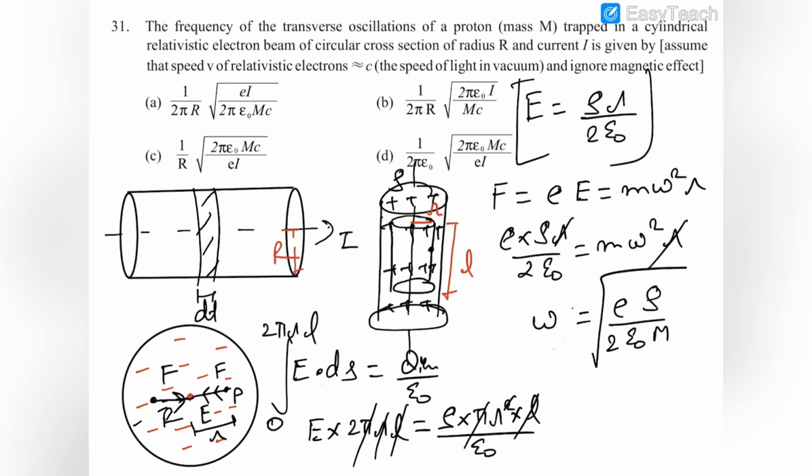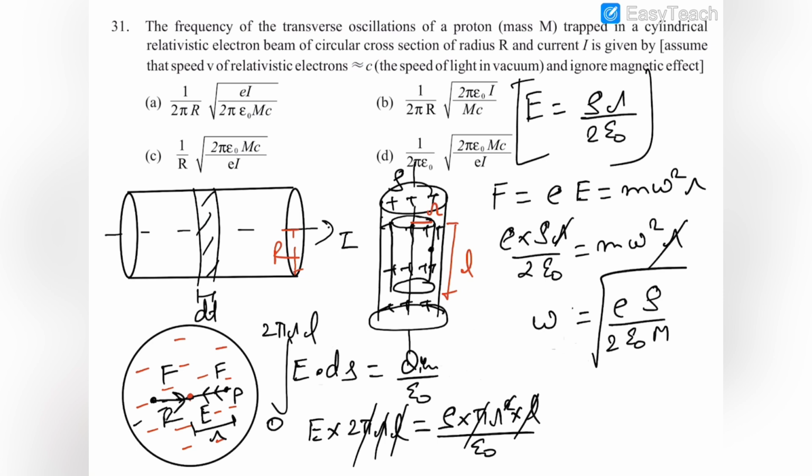To find out this charge density, I have drawn this diagram. You can see that in this diagram, let us suppose that there is a very thin cylinder of length dx, and this cylinder has a volume.